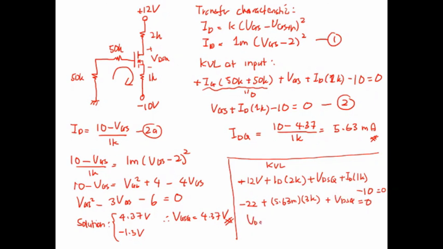So VDSQ is equal to, the term 5.63 multiplied by 3 is equal to 16.89. So this is 22 minus 16.89, which is equal to 5.11 volt. So this is the solution for VDSQ.